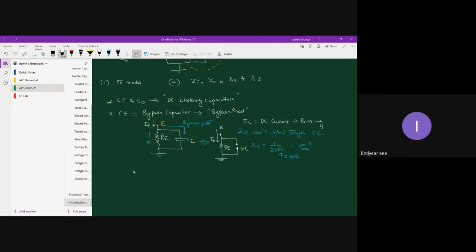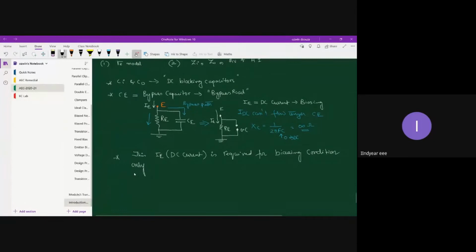So this IE, in brackets, let me write DC current, is required for biasing conditions only, because it is not useful in amplifying the signal, because amplification is the contribution of the AC signal.